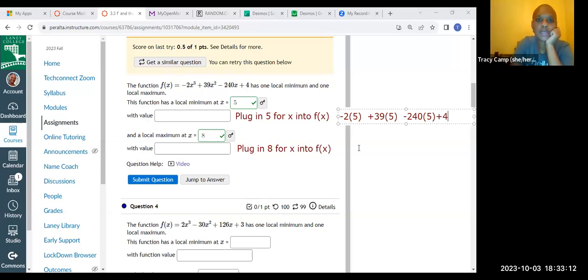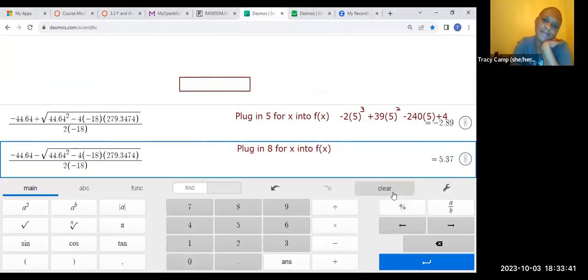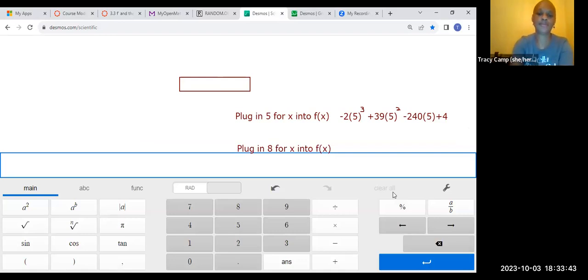So again, I'm using the original function, using this right here. I'm just adding my exponents. 39, that's a square. Okay, so now I'm going to go to the calculator. Oh, I love you, calculator, because you're going to make everything nice. Well, less work. You're going to give me less work.